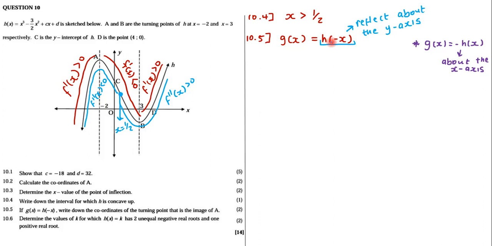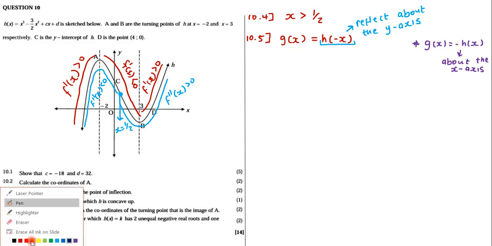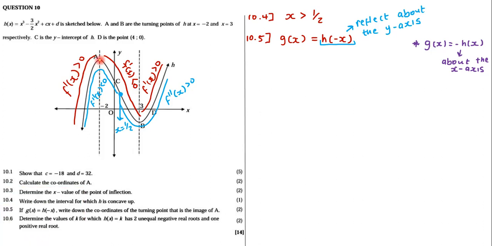So if the graph is reflected about the y-axis, it means this point here, I'm trying to find a brighter color, let's use this one, this point that we had here has been reflected. It's on the other side. So now the question is, what is going to be the coordinates of that?